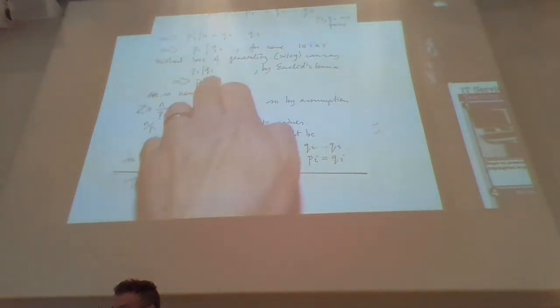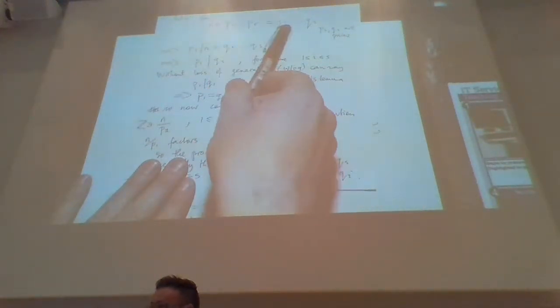How can one prime divide another? The only way that can happen is if it's the same prime. You're just seeing it divide itself. Remember, primes by definition aren't divisible by anything except themselves and one. So if we have one prime dividing another prime, it must in fact be the same. So P1 is equal to Q1.